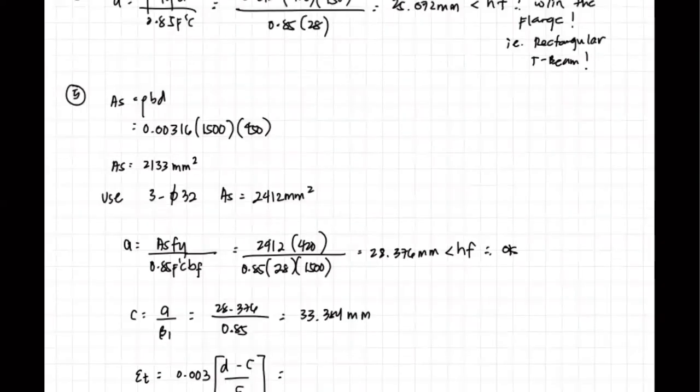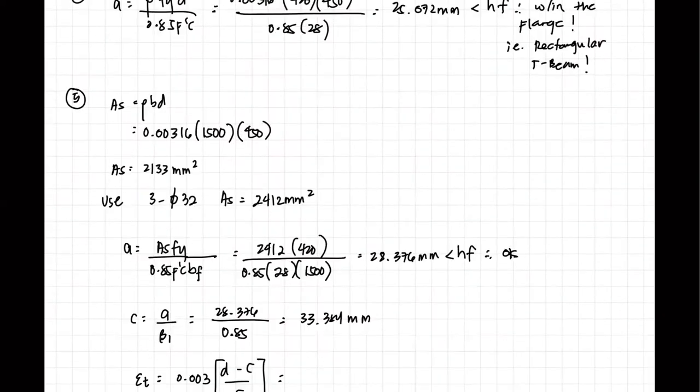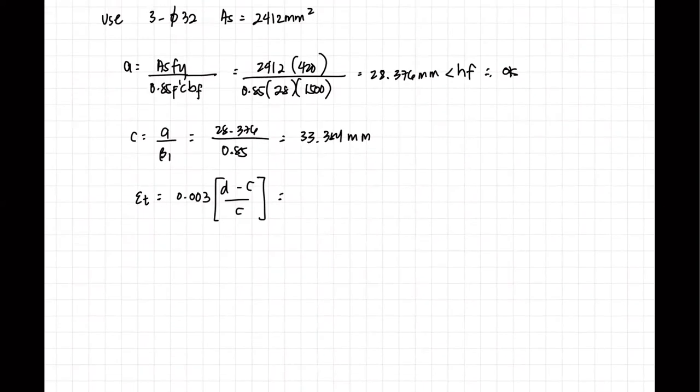Our d is 450. So 0.0374, which is greater than dun sa epsilon ty natin na 0.002 for grade 60 and limit natin na 0.005. Therefore, yung phi natin gagamitin is 0.9, or assumption is correct based from our second step.